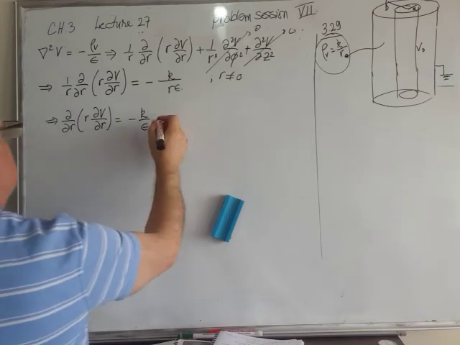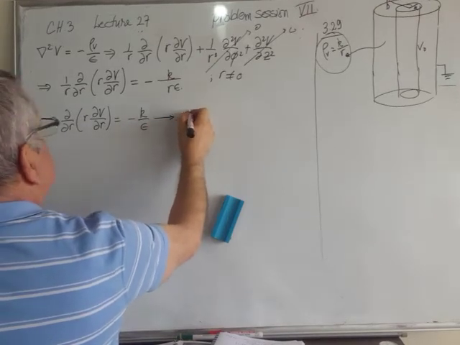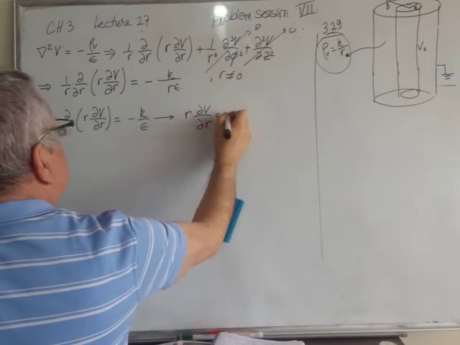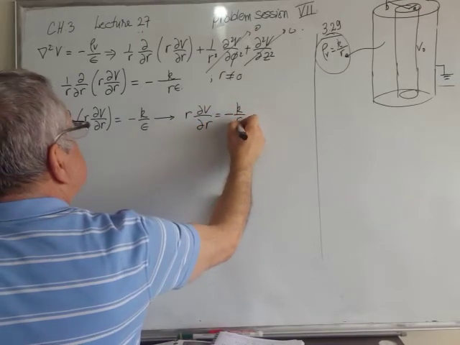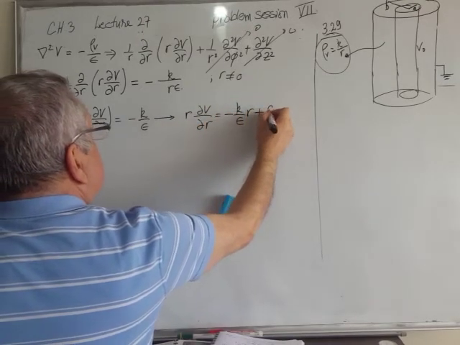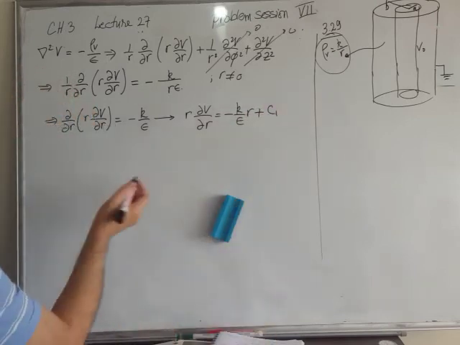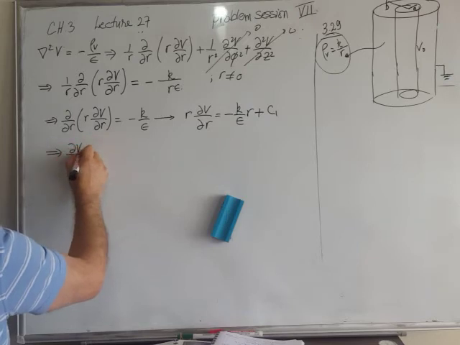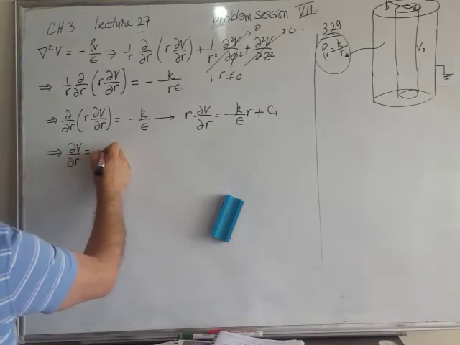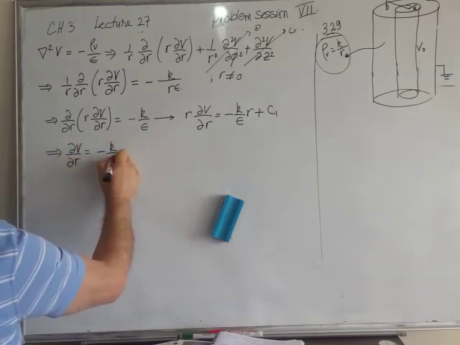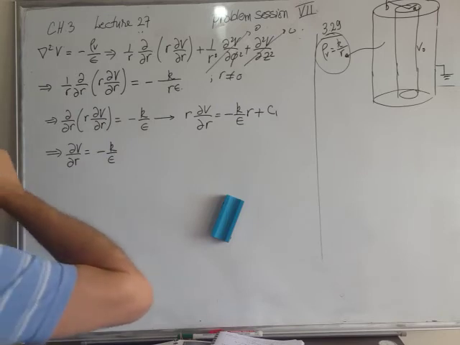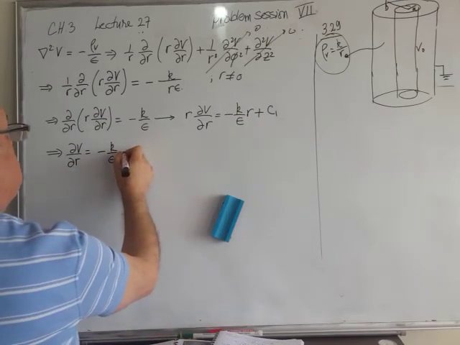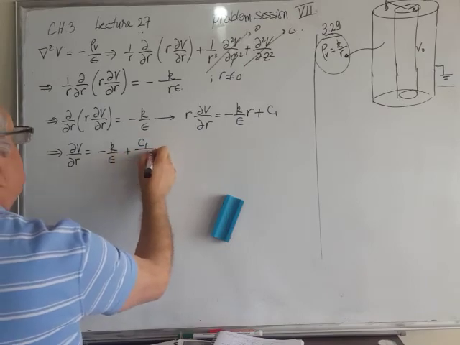That is the derivative. So this will mean that r del v by del r is equal to minus k over epsilon r plus a constant c1. Now you divide by r, so you have del v by del r is minus k over epsilon plus c1 over r.